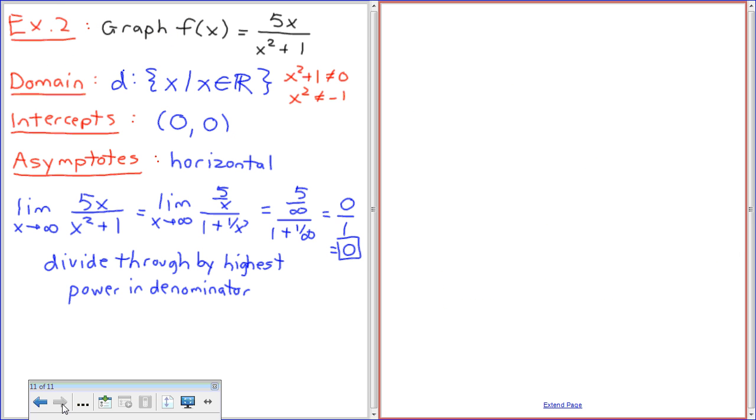Okay, so we're going to do the same thing for negative infinity of 5x all over x squared plus 1, equals the limit as x approaches negative infinity of 5 over x all over 1 plus 1 over x squared, which equals 0 over 1, which equals 0.